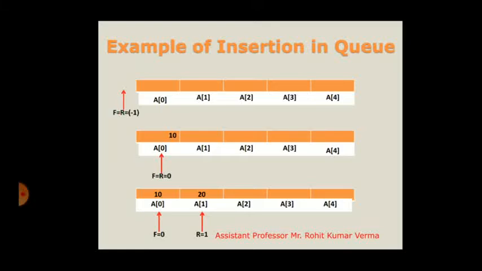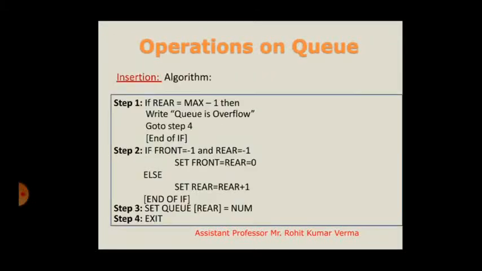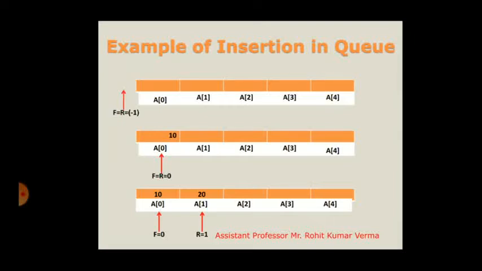So at the second step, front and rear equal to -1 means that our queue is empty. There is no element inside the queue. In the first queue you can see an arrow where front and rear point to -1, which means the queue is empty.